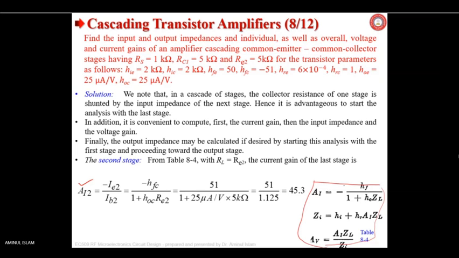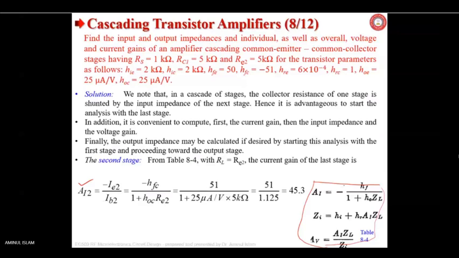Is it going correctly and understood? Yes, sir. Okay, so put the values now. Given the values in the top red portion, you see that HFC equals minus 51. So minus minus becomes plus here.